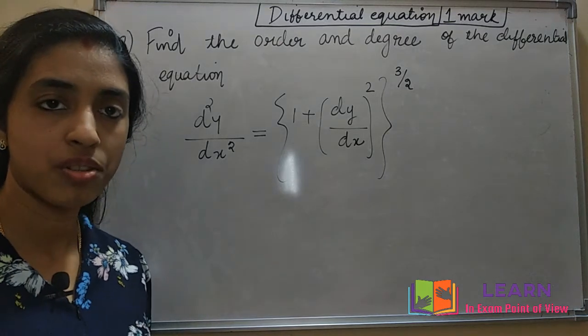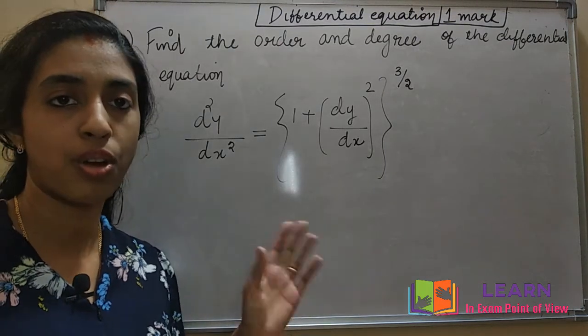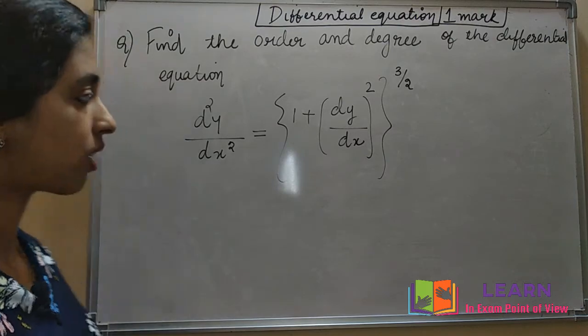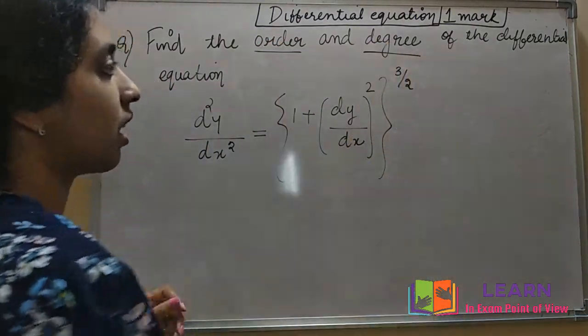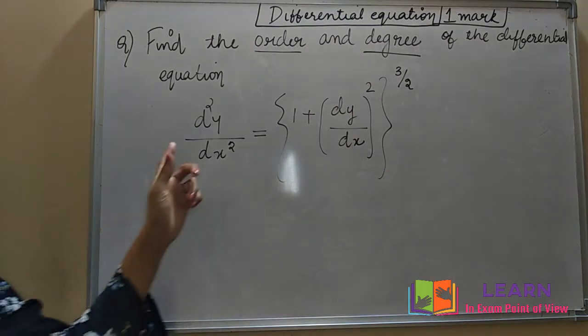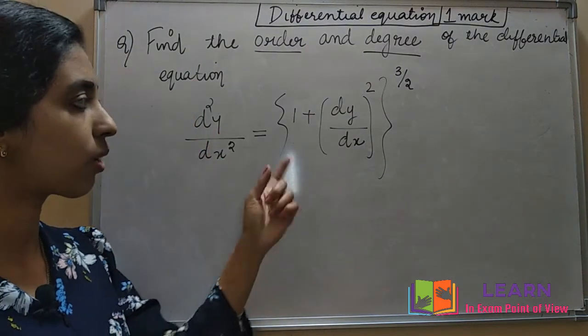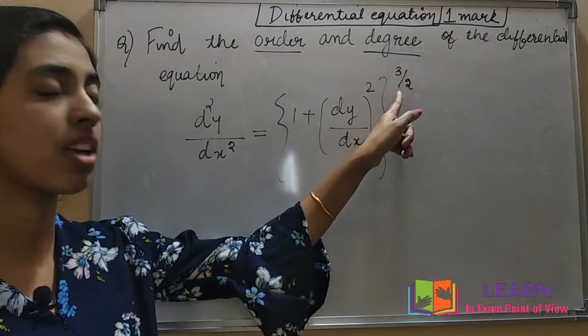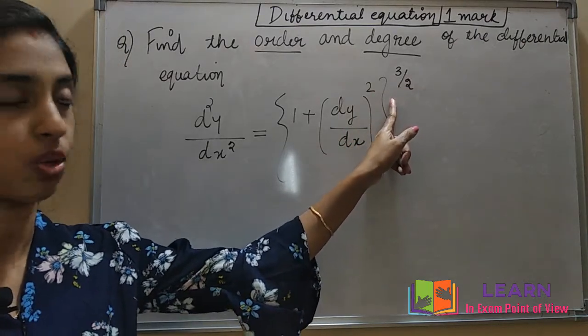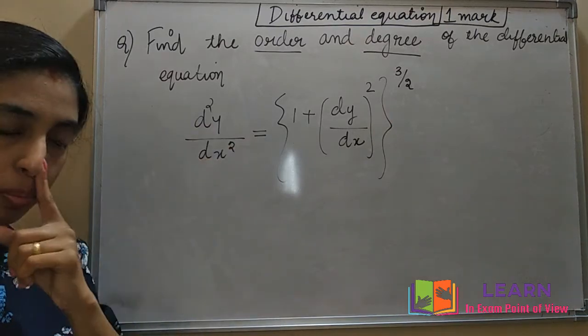So the next question is a similar type to the last question we solved. Here we have to find the order and degree of the differential equation d square y by dx square equals 1 plus dy by dx whole square, raised to 3 by 2. Okay, 3 by 2 meaning what?